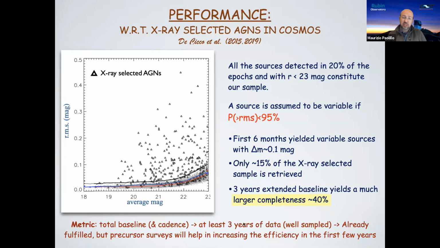But what could be important, for instance, is to have precursor surveys, taking advantage of data from VST, Hyper Suprime-Cam, and other surveys to extend the baseline so that you are effective in detecting AGN even at the beginning of the survey, without having to wait 3 years to dig out large samples of objects where you don't have the X-ray data.